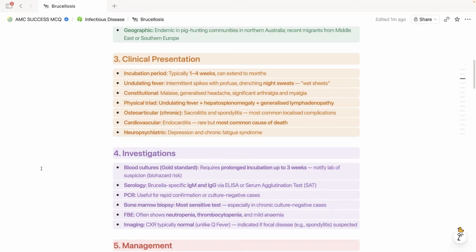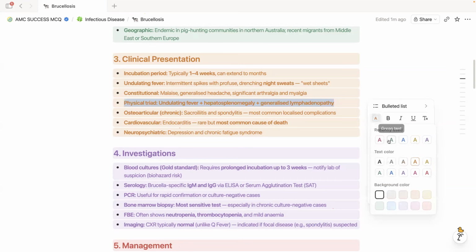Constitutional presentation: the patient will have malaise, generalized headache, significant arthralgia and myalgia. On physical exam you will find undulating fever with hepatosplenomegaly and generalized lymphadenopathy. These three are the triad of brucellosis.